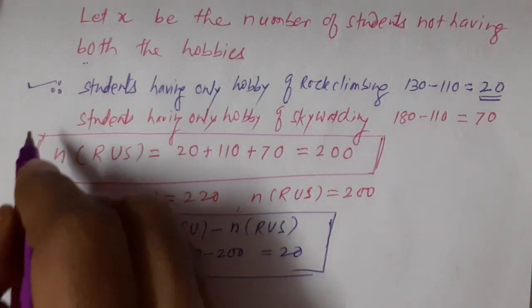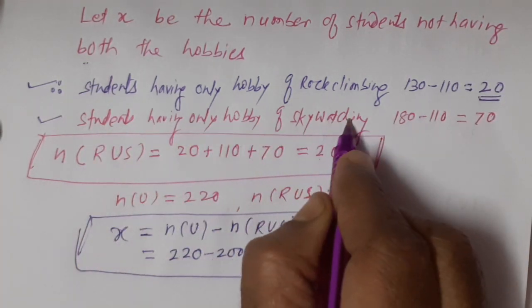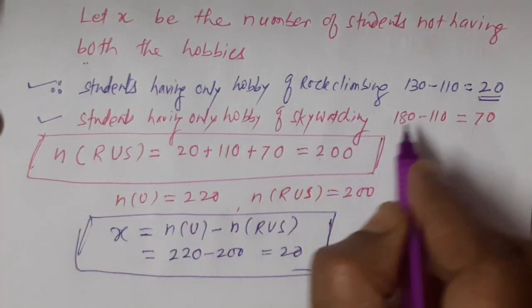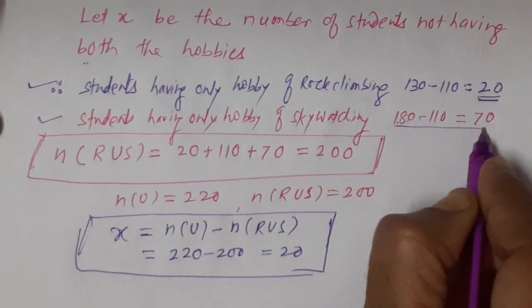Second, students having only the hobby of sky watching, that is 180 minus 110, which comes out to be 70.